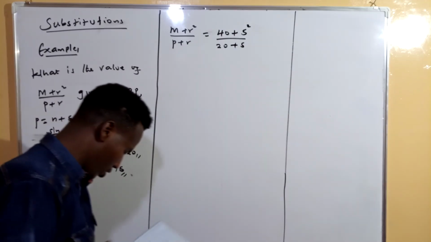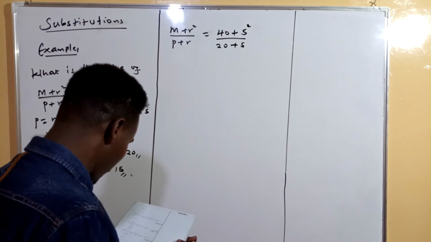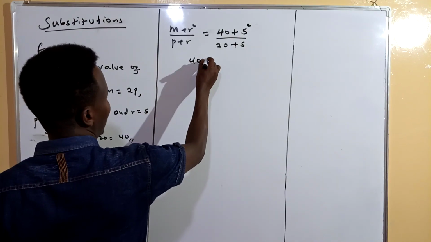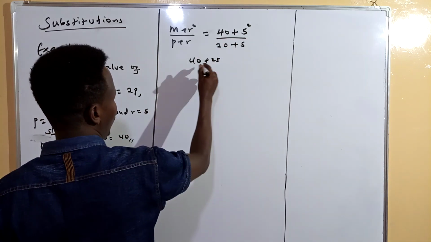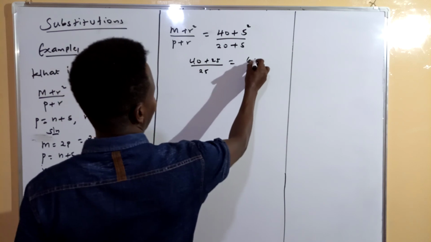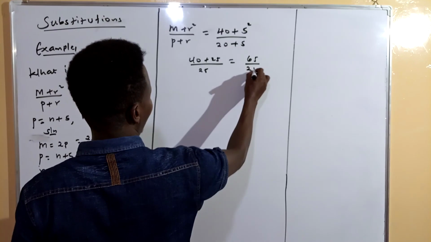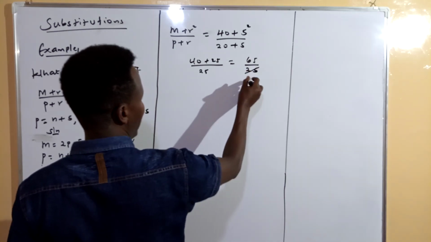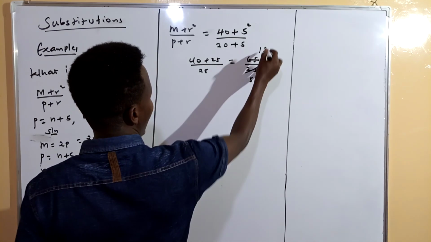This is how we are going to reason. It will be, therefore, 40 plus 25. 5 squared is 25, divided by 25. So add the other two. That's 65 divided by 25. Divide by 5, that is 13.